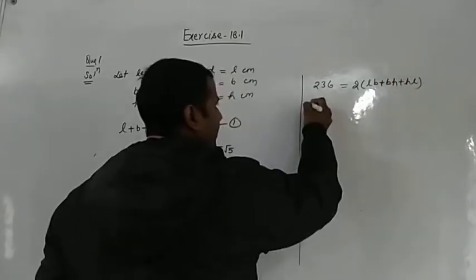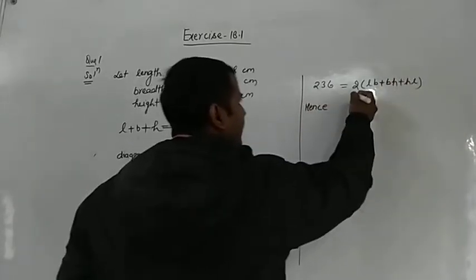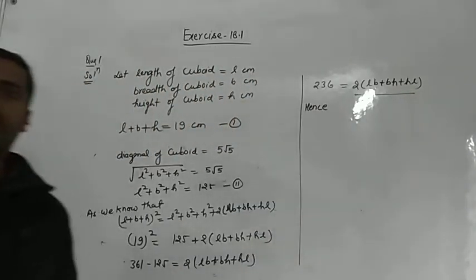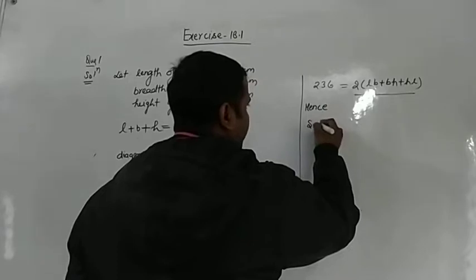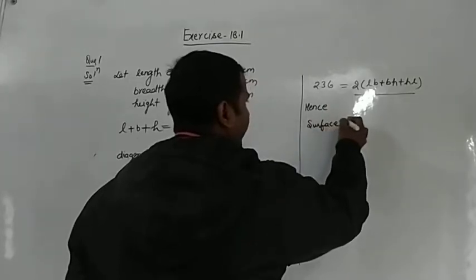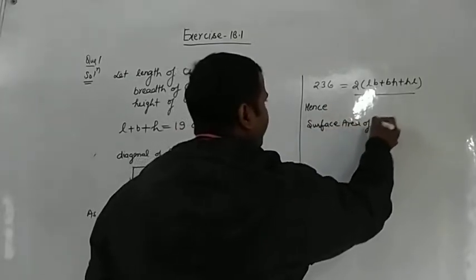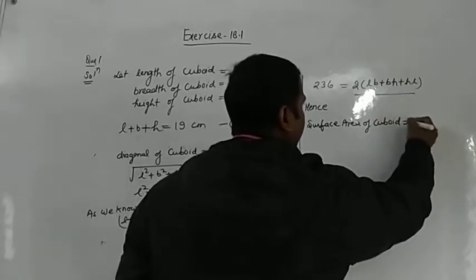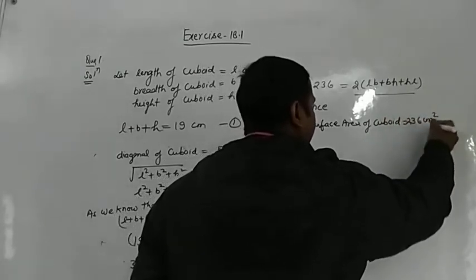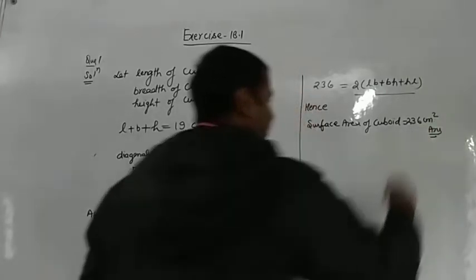Now hence this is the total surface area of cuboid. Hence surface area of cuboid is equal to 236 centimeter square. This is the answer.